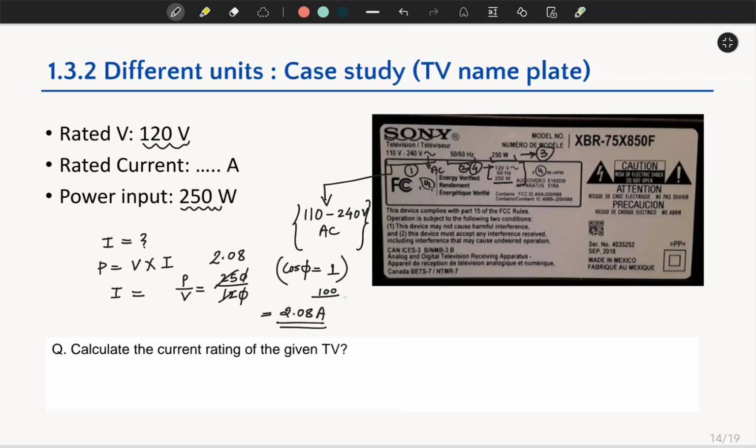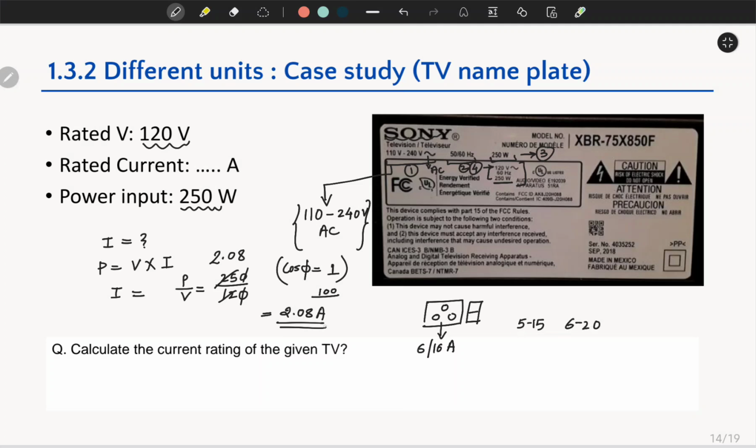So why is this current useful and how will it impact us? It will be helpful while selecting the socket size. You have seen this type of socket or switch. These sockets in the IEC standard come in 6 or 16 ampere, or in the NEC standard they come in 5, 15 or 20 ampere.